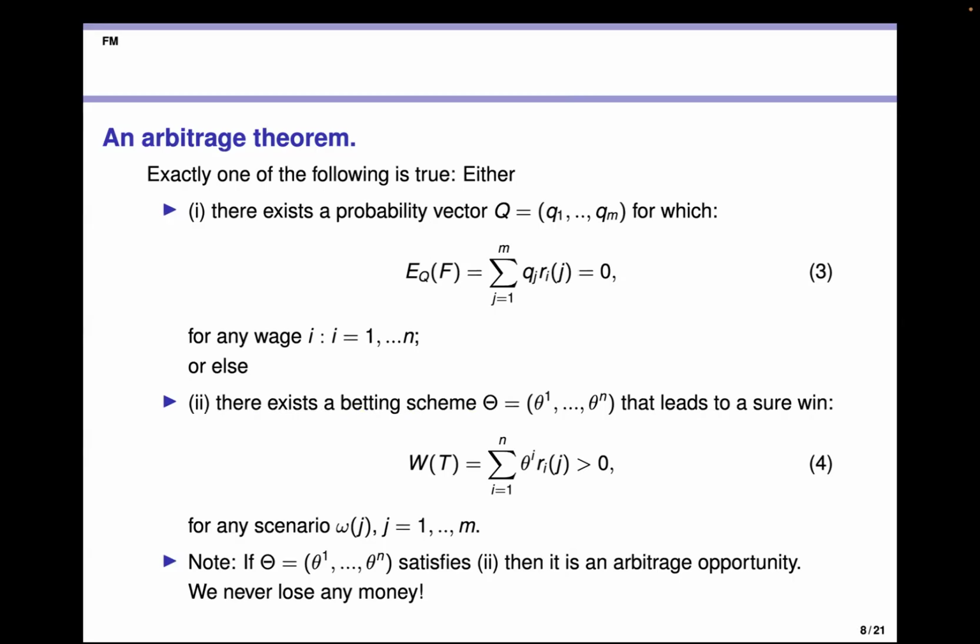In our example, we found Q1, Q2, and Q3 for which the mathematical expectation equals 0, yes, but are Q1, Q2, Q3 a probability vector? In our example, what do you say?